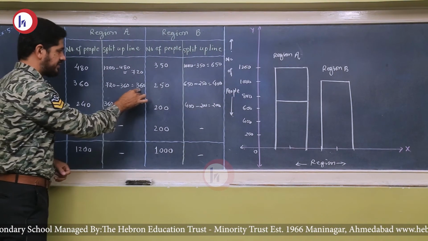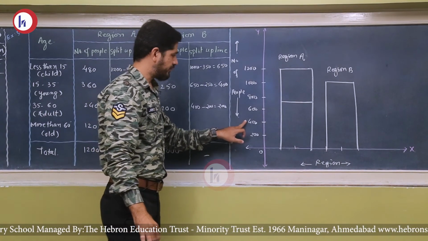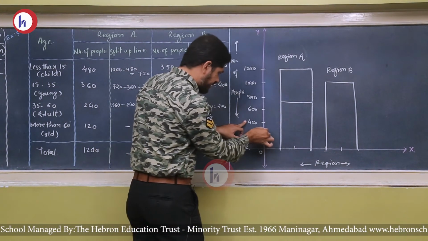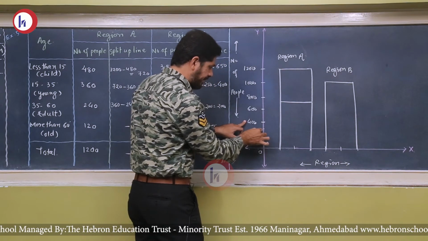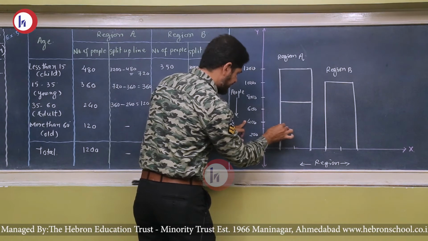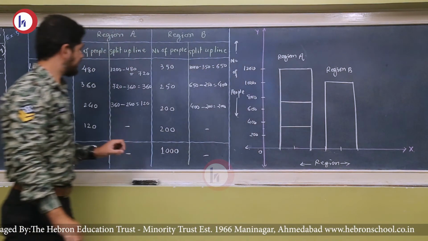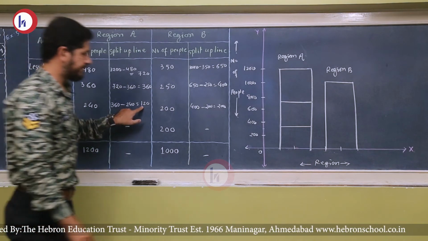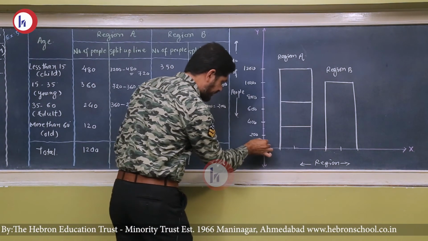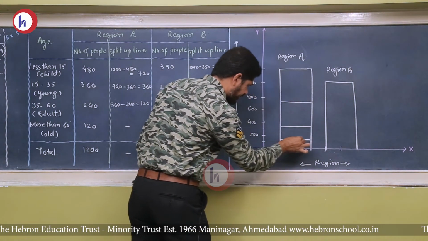Now the second one, 360, lies between 200 and 400. Exactly in the middle we get 300, and between 300 and 400 we get 360. Next one, 120. Exactly in the middle is 100, and above that we get 120.